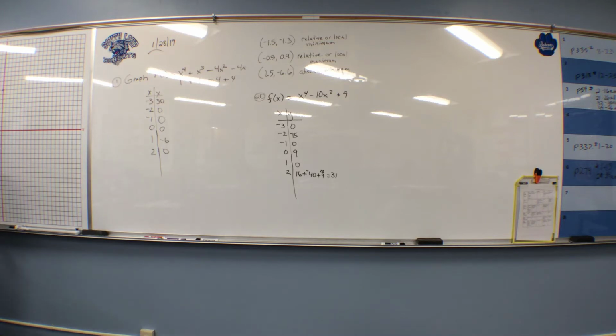And then back to 1, 0. I'm thinking we should go this way, don't you think? I'm guessing it comes from there, goes all the way down here, comes up here, and then back.